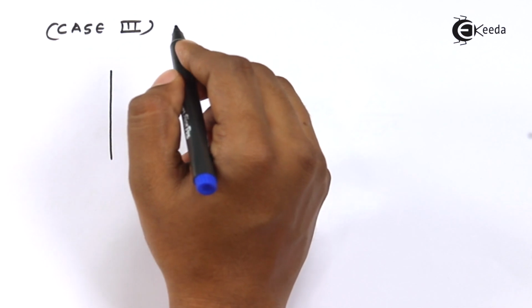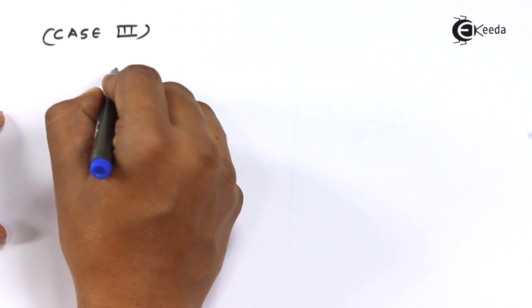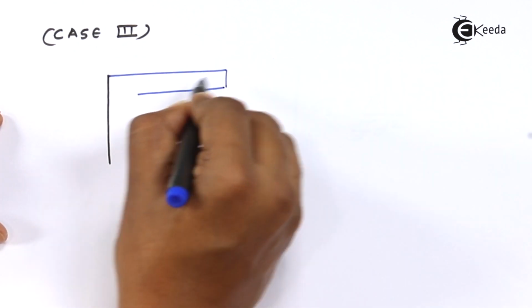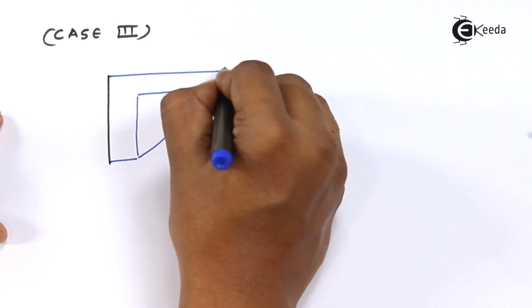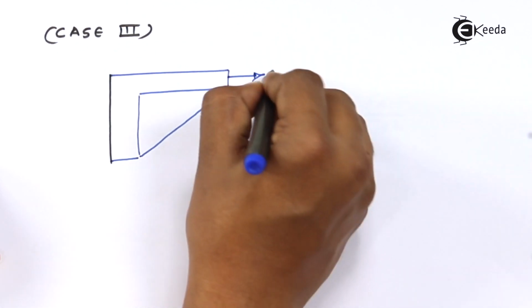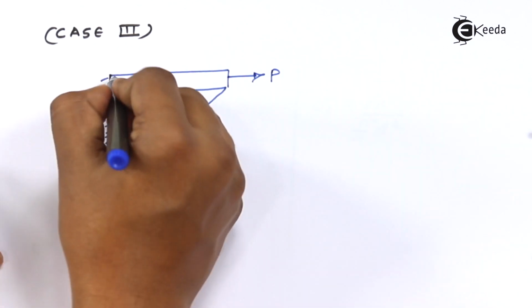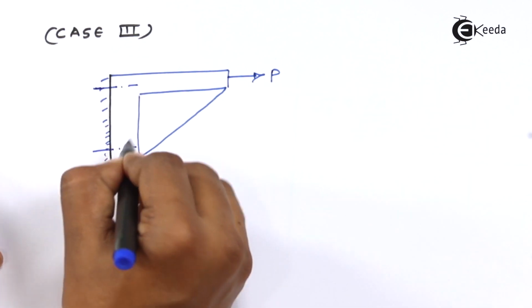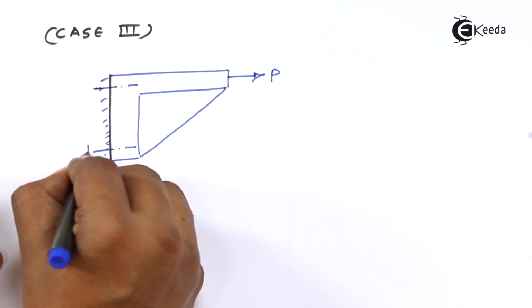Let us move on to case number 3, which is our last case, where the location of the P force, the applied force, will be in the same direction as that of the bolts. So nomenclature for this remains the same.